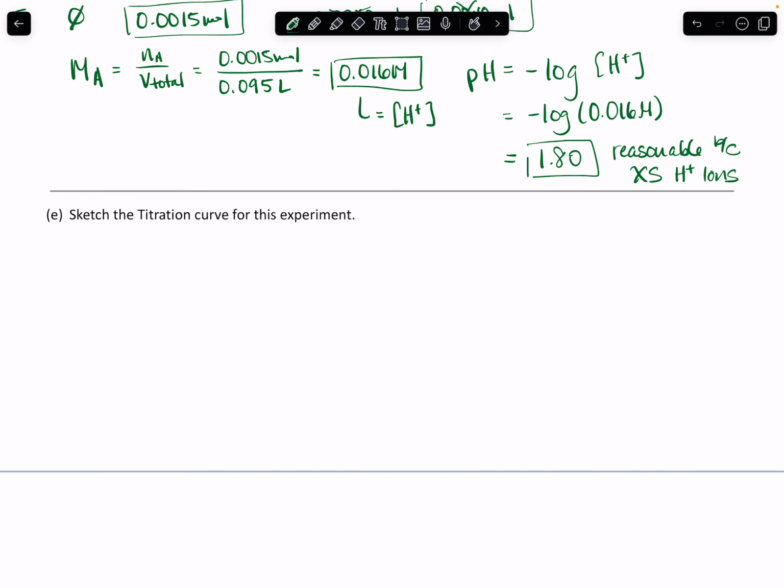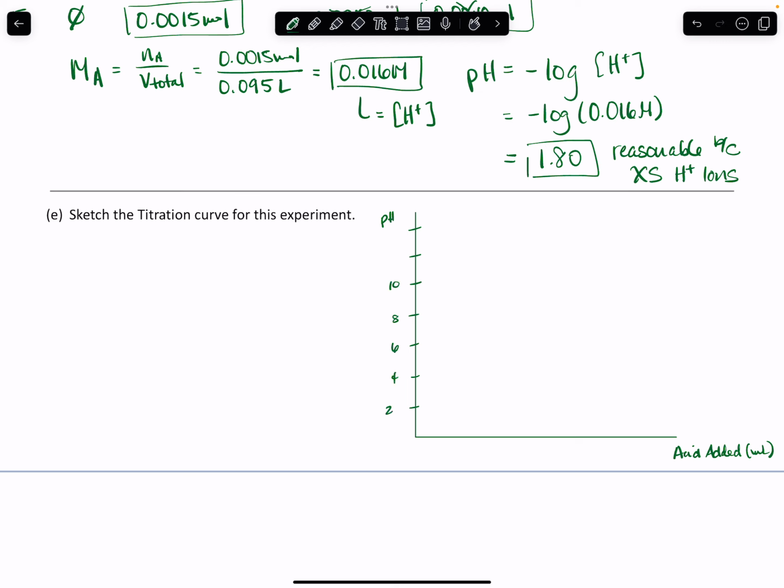All right, sketch the titration curve for this experiment. So we're going to start. This is the pH, and this is acid added in milliliters. So 2, 4, 6, 8, 10, 12, 14.